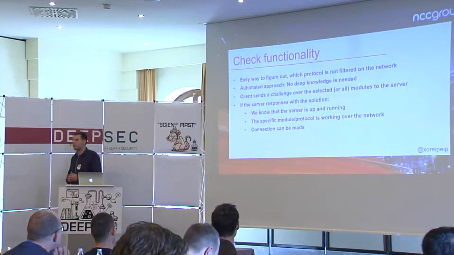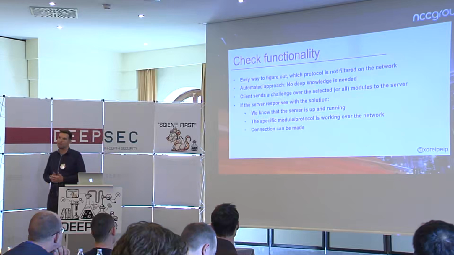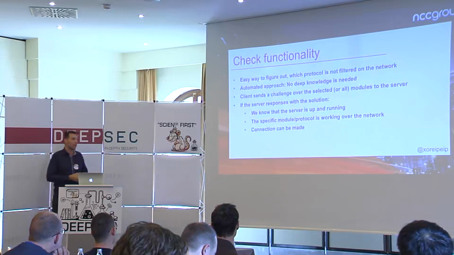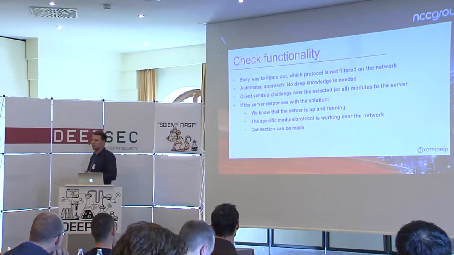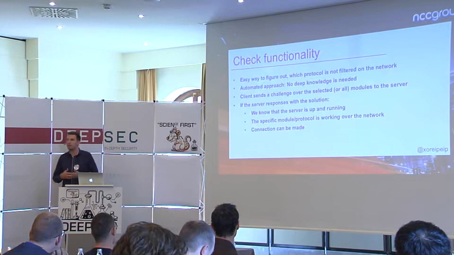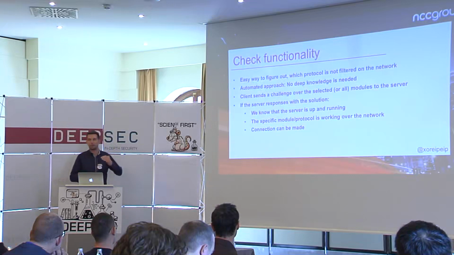I think the best functionality of the framework is the check functionality. It's really easy to use. I'm going to show you during the demo. What happens here is that the framework generates a challenge, and it will send a challenge over every enabled module in the framework to the server.